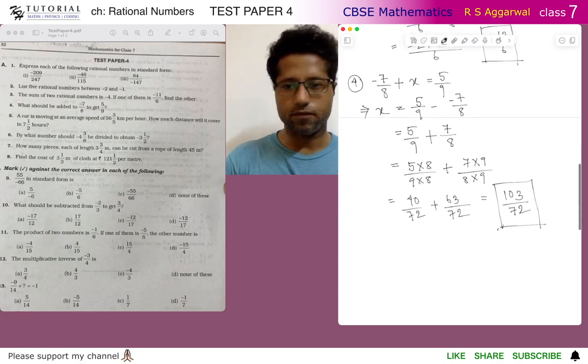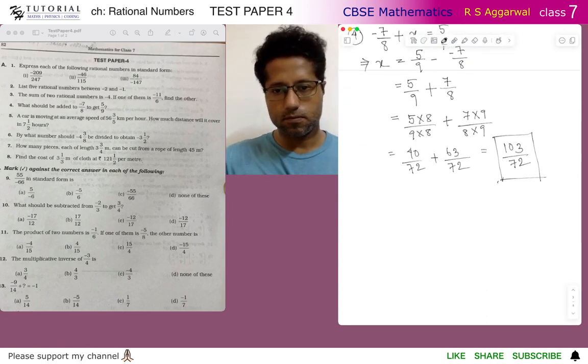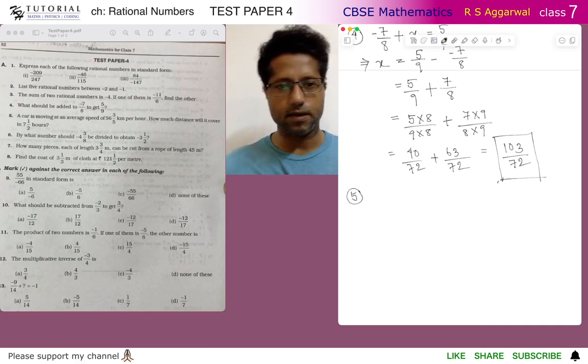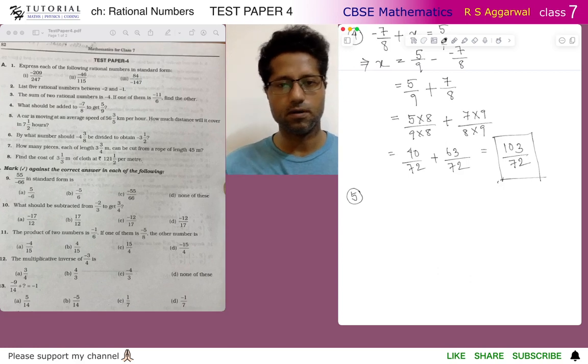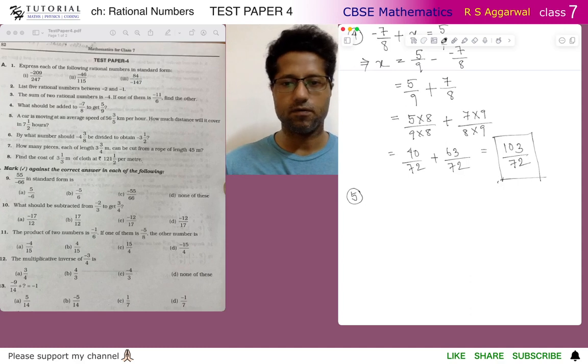Let's do question number 5. A car is moving at an average speed of 56 and 3 by 5 km per hour. How much distance will it cover in 7.5 hours?